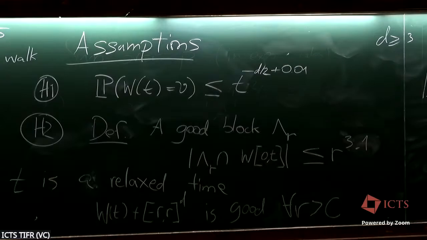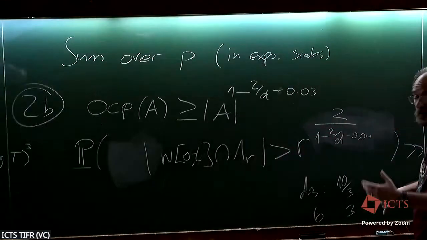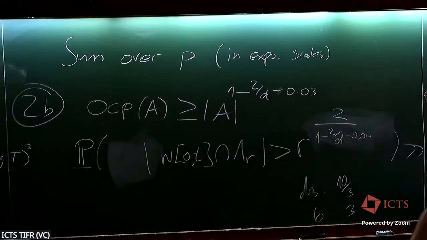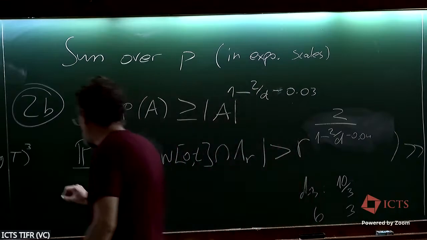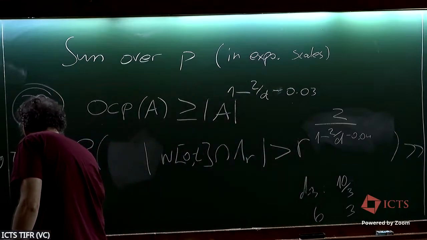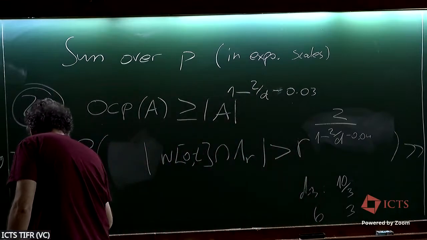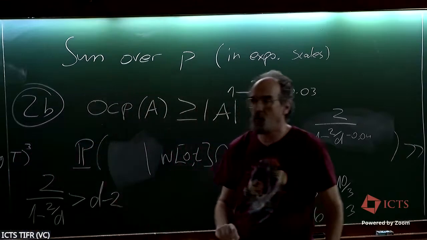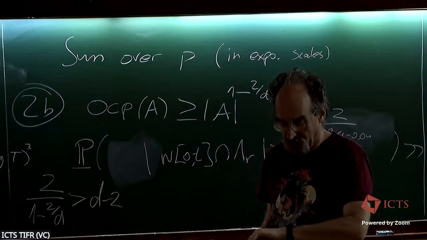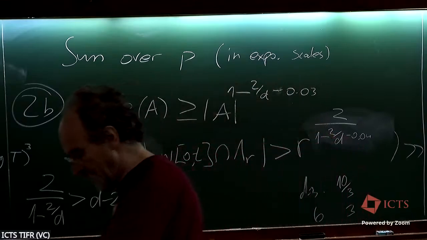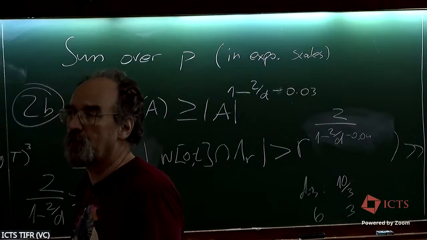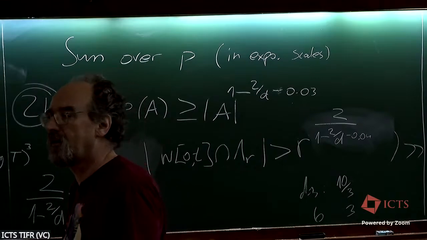So basically, the condition for making this argument work in the current shape is that the real condition here is that 2 over 1/2 over d should be bigger than 2 minus d. And this only works in dimension 6 and above. I might have a few more minutes, but I think I said the really important parts. So maybe I'll end here.